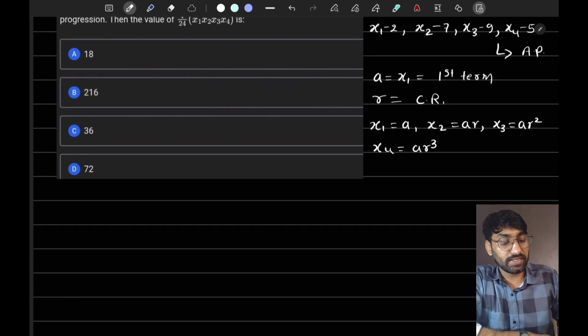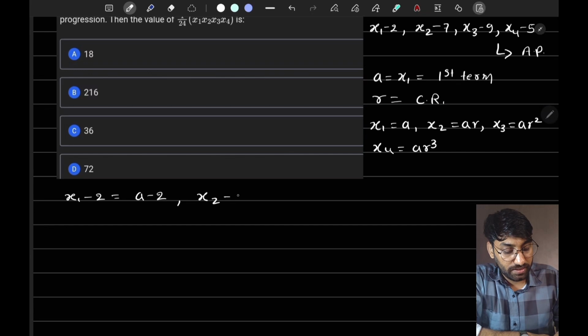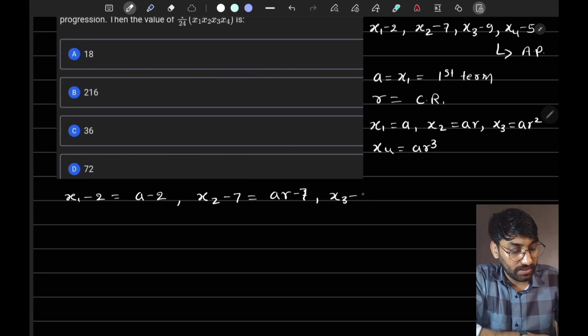Now they are saying that x1 minus 2 is nothing but A minus 2. Then x2 minus 7 is nothing but AR minus 7. x3 minus 9 is nothing but AR square minus 9.